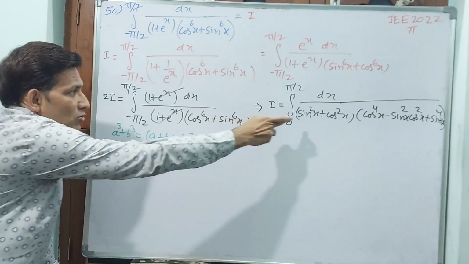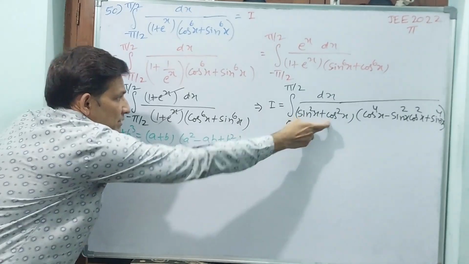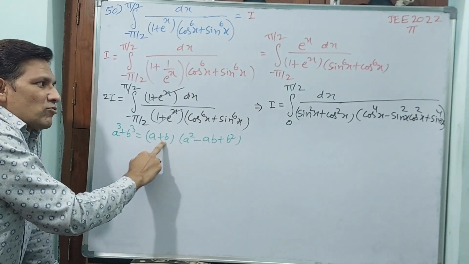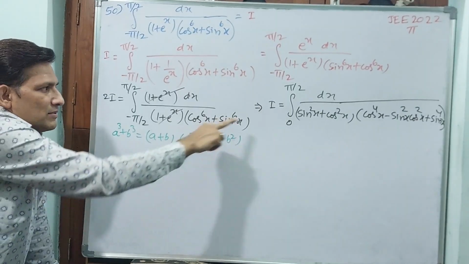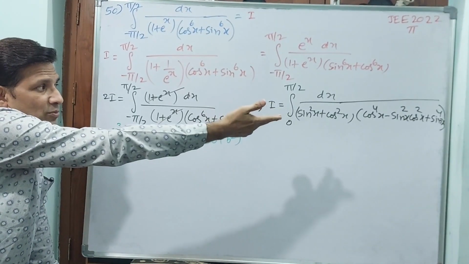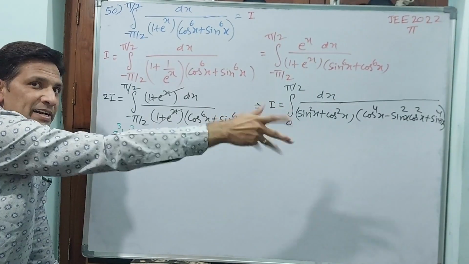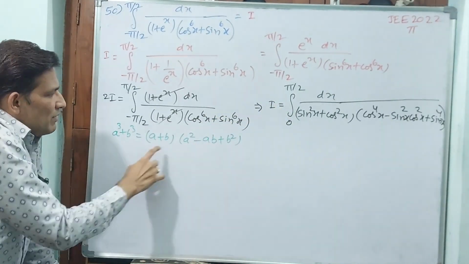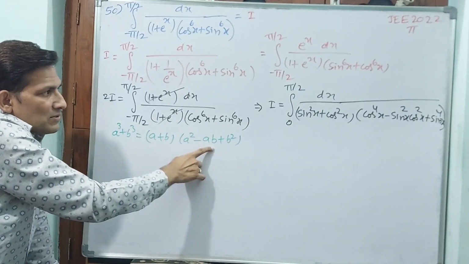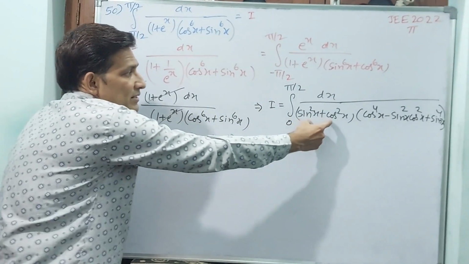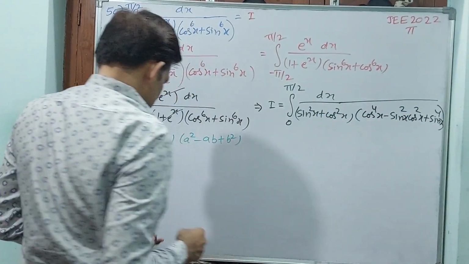A cube plus b cube is equal to a plus b, that means cos square x plus sin square x into a square. If this is a, automatically sin to the power of 4 is, see these two are positive. That is why cos or sin you can write anywhere. But minus ab, minus a square sin square into cos square. Okay, this formula we have applied there. See, this is equal to 1. Now you have to take only this.